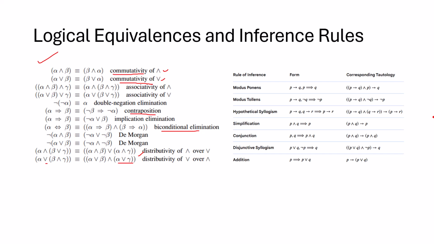So we can define entailment in a new way according to the deduction theorem. Alpha entails beta if and only if, also written as IFF, alpha implies beta is valid.